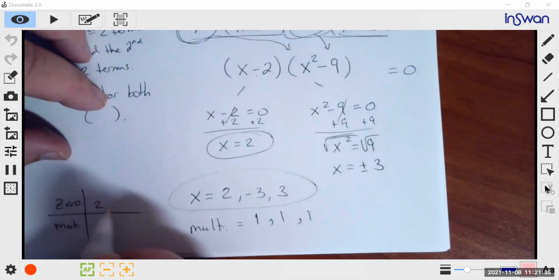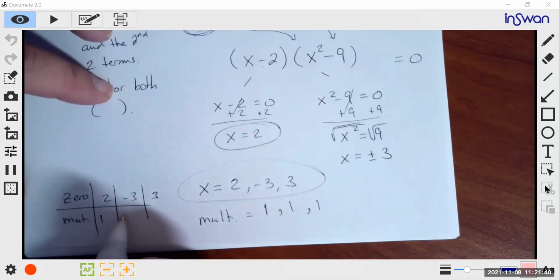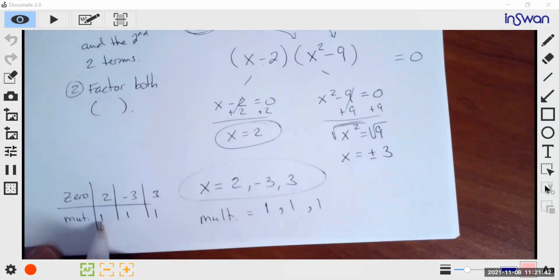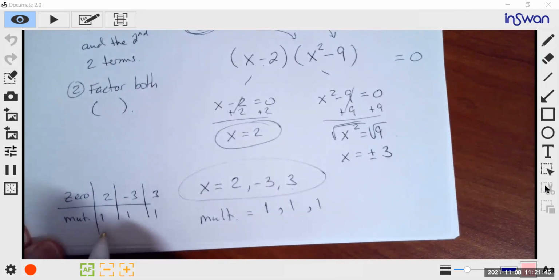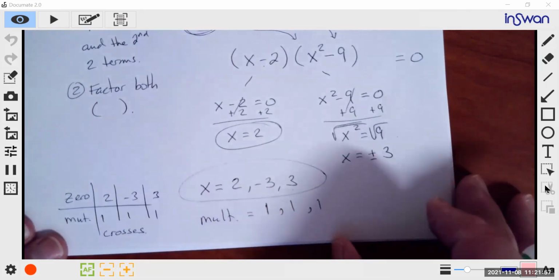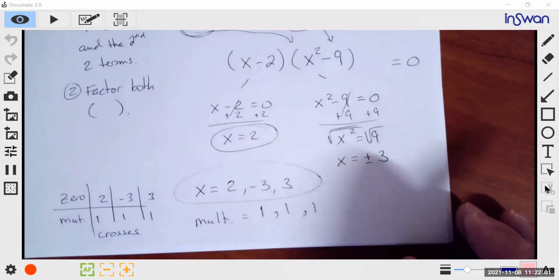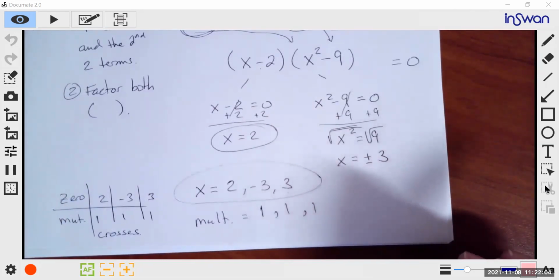So my zeros are at 2, -3, and 3. Multiplicity is 1. If the multiplicity is odd, then the graph crosses at that point. So we know at these 3 x-intercepts, the graph's going to cross. But what do we know about the graph itself? What's the basic shape of the graph going to look like?